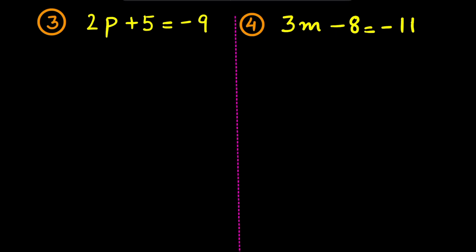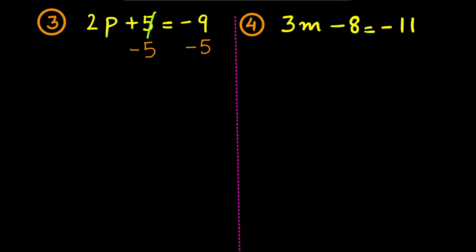Next example, 2p plus 5 is equal to negative 9. The variable is p and the coefficient is 2, which is positive. So first step, using the opposite operation, since it is plus 5, we subtract 5 on both sides.